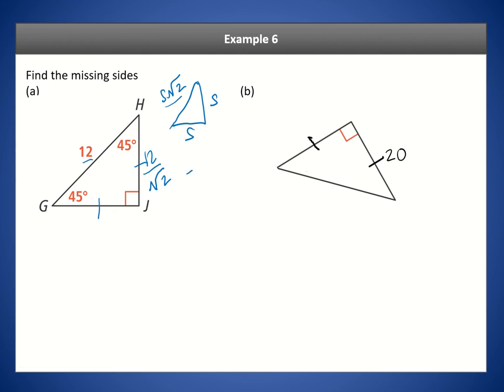However, we want to simplify this leg. We don't just want to write it as 12 over square root of 2. And we're going to use the technique that I showed you in the previous slide, where you have to get rid of the radical.